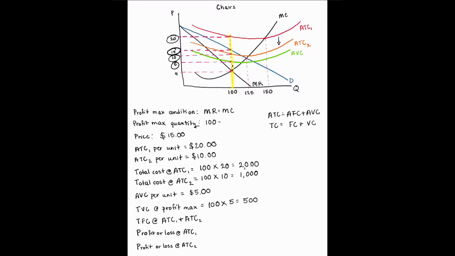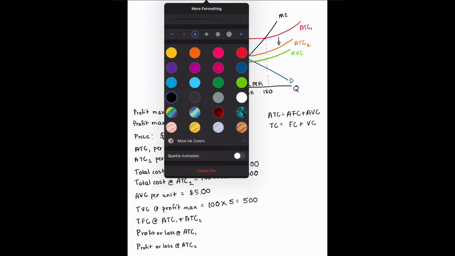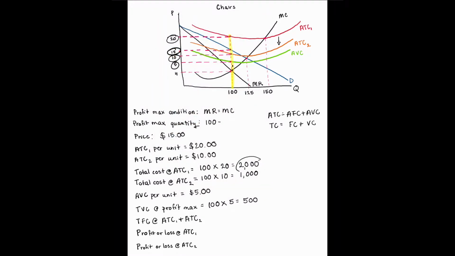We already know what the total cost is at ATC1 and ATC2, which we've already done here. And we also know our total variable cost, which is 500.